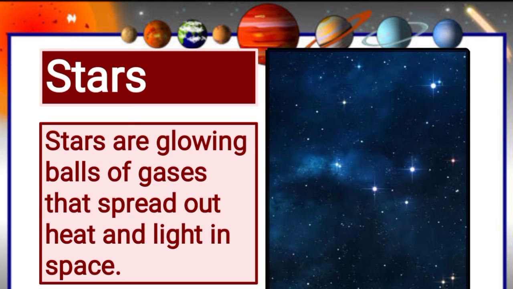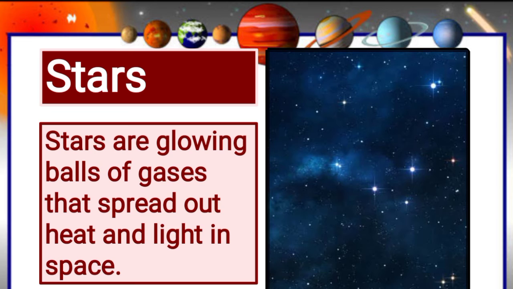Now, what is a star? If we look at the night sky, we see lots of shining, twinkling objects called stars. What are these stars made up of? Stars are glowing balls of gases that spread out heat and light in space. They are actually huge, but because they are so far away, they look like a tiny pinpoint of light to us.